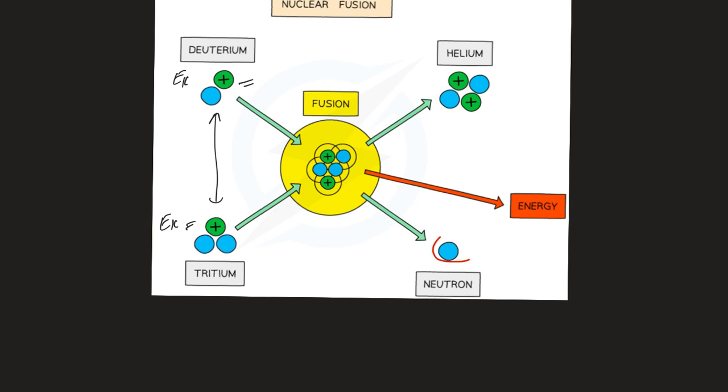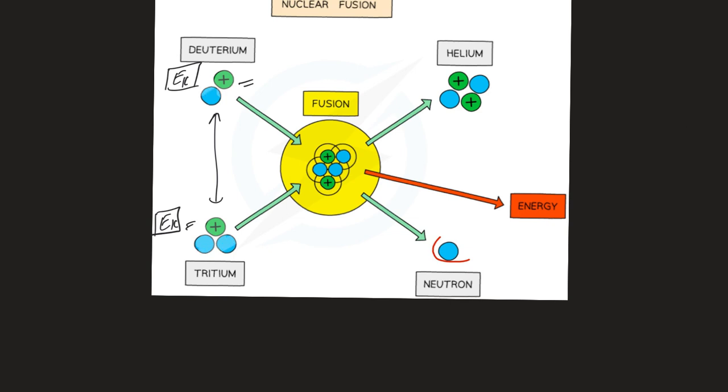In order to obtain this energy, a high temperature is required, and this high temperature is possible only in the core of a star, and particularly for our solar system it is going on inside the sun. So as soon as they have enough energy, this and this are going to fuse with each other.